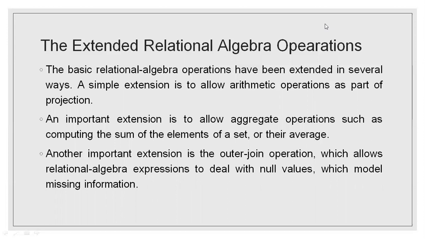An important extension is to allow aggregate operations such as computing the sum of elements of a set or their average. One more important extension is the outer join operation, which allows relational algebra expressions to deal with null values, which model missing information. So these extended relational algebra operations play a very important role while firing a query.